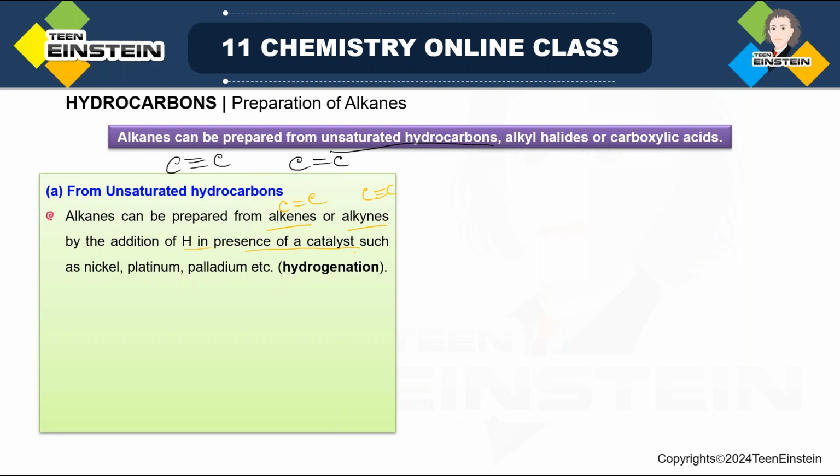All these metals that we are using as catalysts are from the d block in the periodic table, right? This reaction is known as a hydrogenation reaction, because you are adding hydrogen to the C-C double bond or triple bond. So the C-C double bond and triple bond will be converted to a C-C single bond. That is why you have to add hydrogen.